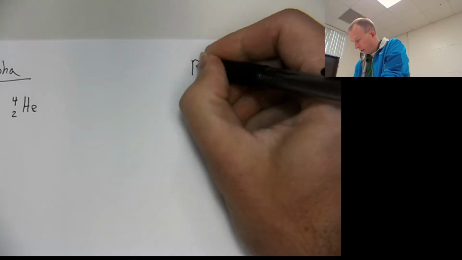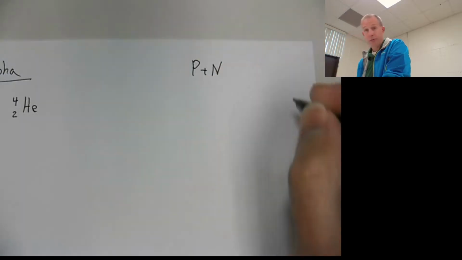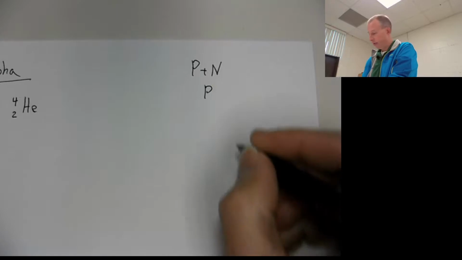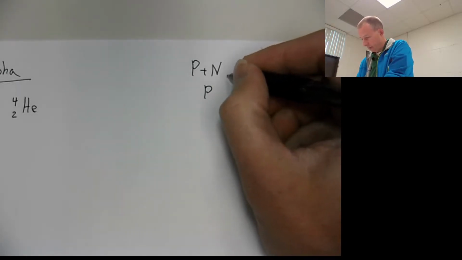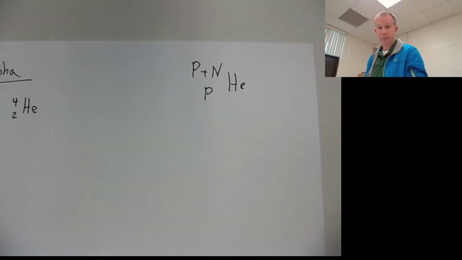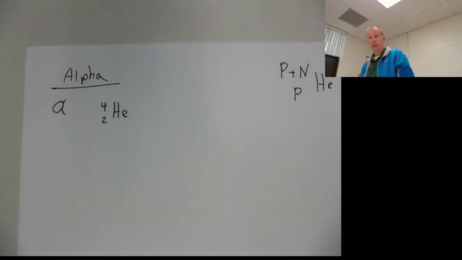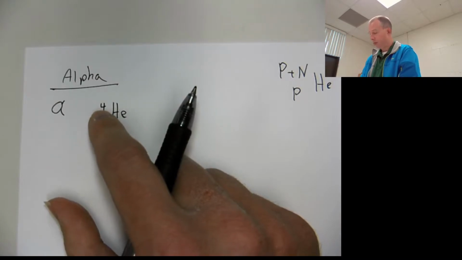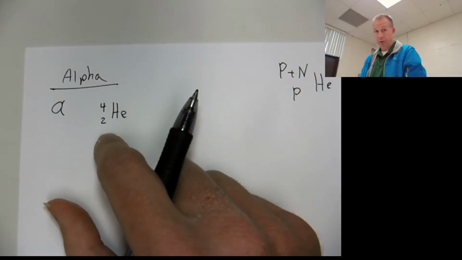In anything here, the top number is the protons plus the neutrons. That's the mass number. The bottom number is just the protons. And then this is the chemical symbol. In this case, it's helium, but whatever it might be. So an alpha particle is two protons, two neutrons, and on the bottom is just protons.